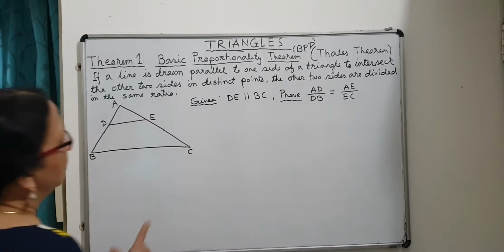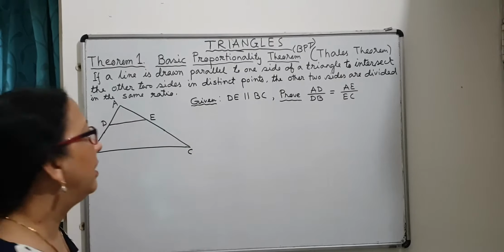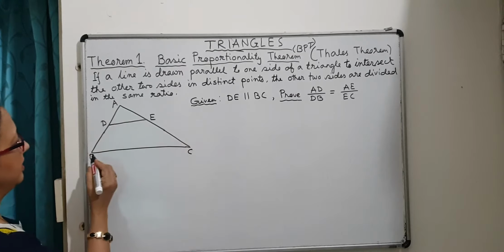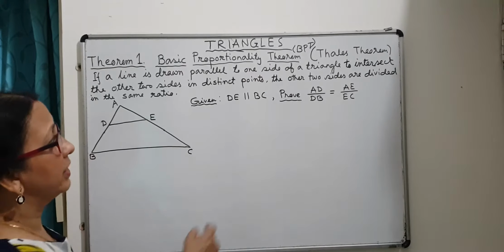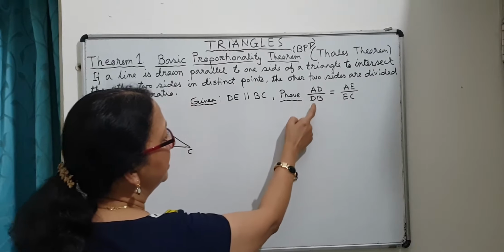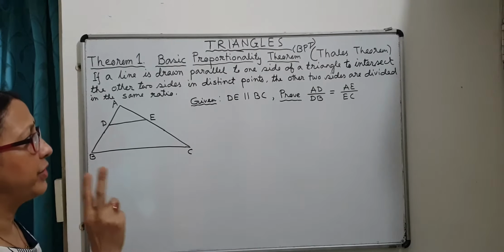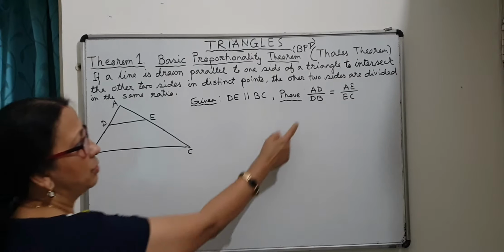So how will you prove? For proving this, we'll be using some theorems used in 9th class also. So first let me do some construction. Look at what I have to prove: AD by DB, AE by EC. So AD and DB. We make two triangles and take the ratio of the two triangles whose bases will be AD and DB.